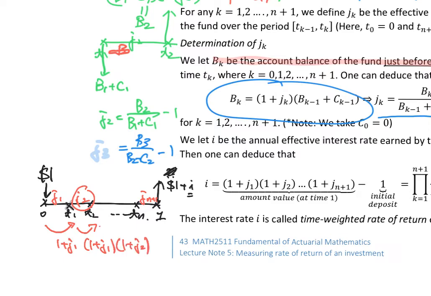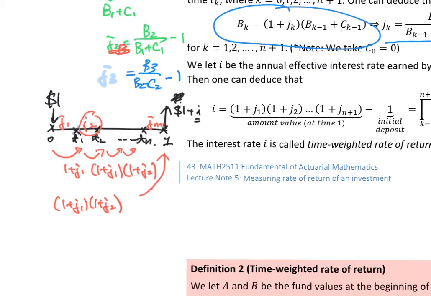If you keep on looping this, then at time 1, what you get will be (1 plus J1)(1 plus J2) up to (1 plus J n+1), and that will be the final amount that you get at time 1, isn't it?